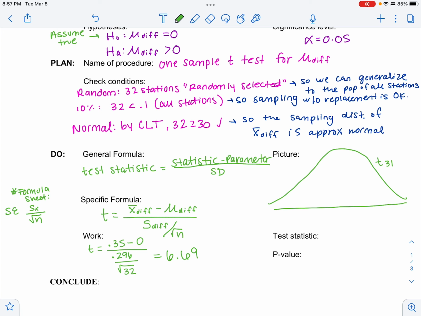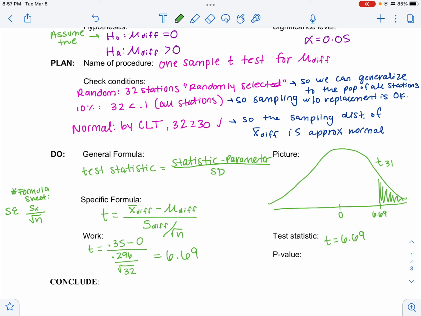I'm going to label the center as 0. And then I'm going to plot my t-score. So our t-score is 6.69. So I'll plot that here. And we believe it's greater than, so we're going to shade above. So my test statistic is 6.69 again.